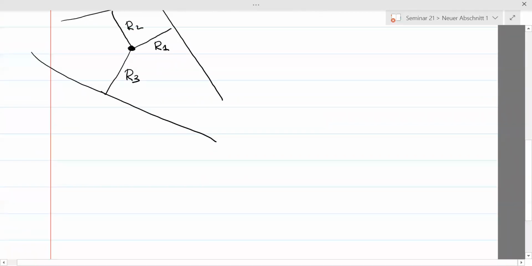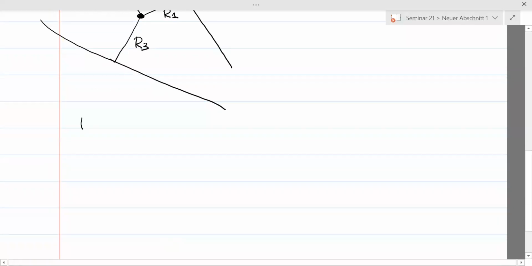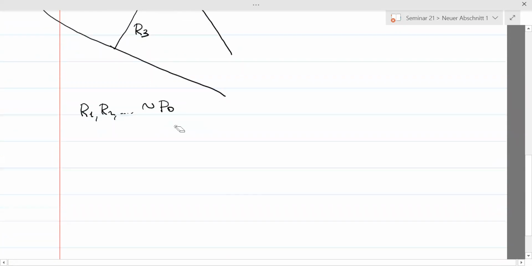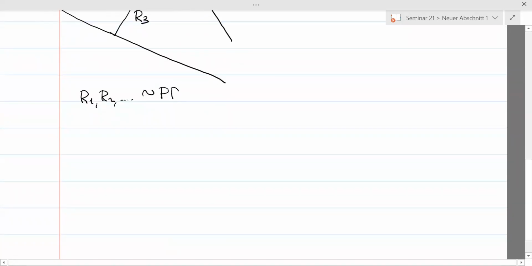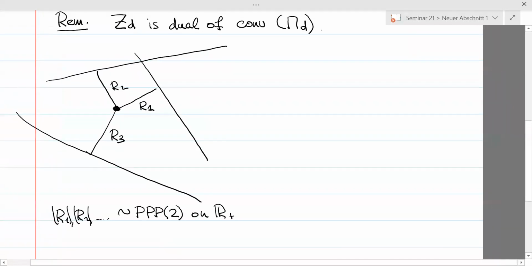So R1, R2, and so on form a one-sided Poisson point process on the half line, with intensity 2, because I take the absolute value. Now, the zero cell is just the intersection of all these half spaces. This is the zero cell.